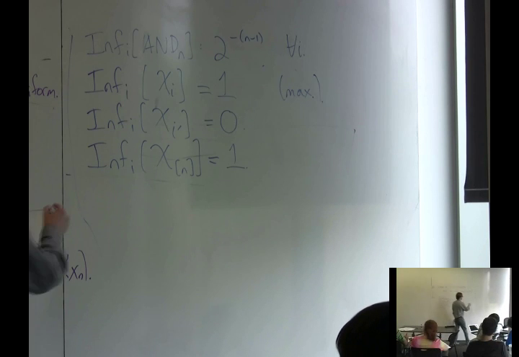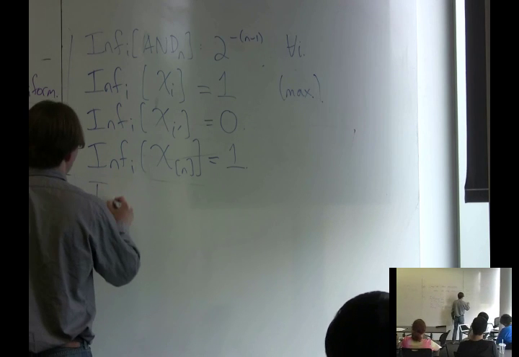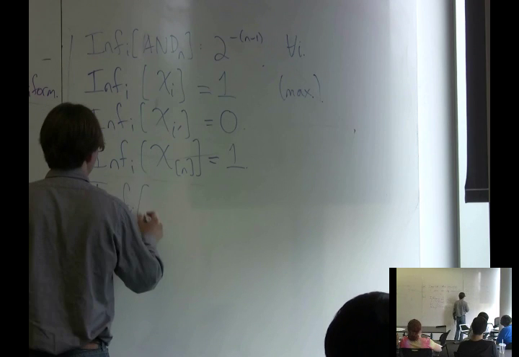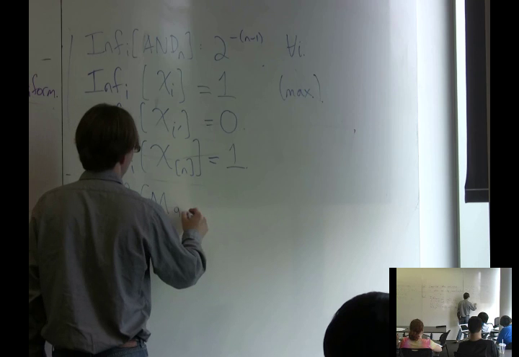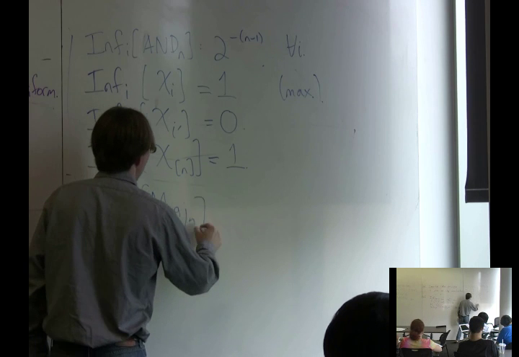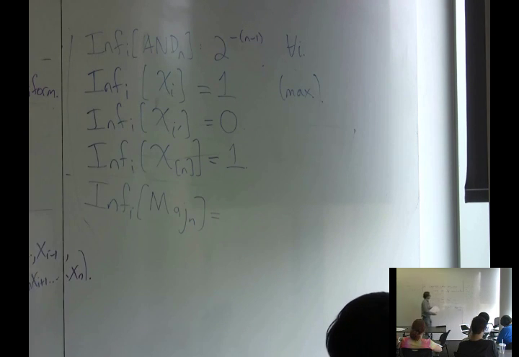And let's do the most interesting example, which is the influence of the ith voter on the majority scheme. If we're actually voting according to majority, under what circumstance does my vote make the difference with respect to the other people's votes? If everybody else votes exactly split, half-half.